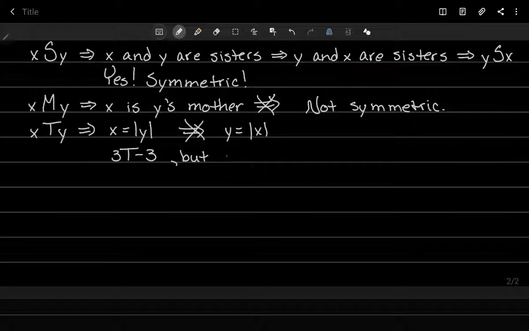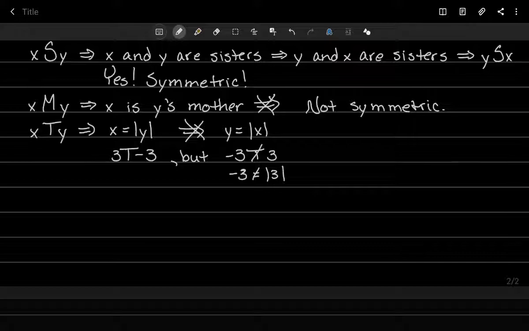But -3 can't be related to 3, because -3 related to 3 would mean -3 equals the absolute value of 3, and we know that's not true. So this is not symmetric. I found a specific point that was in T, but its mirror image, its flipped version, is not in T.